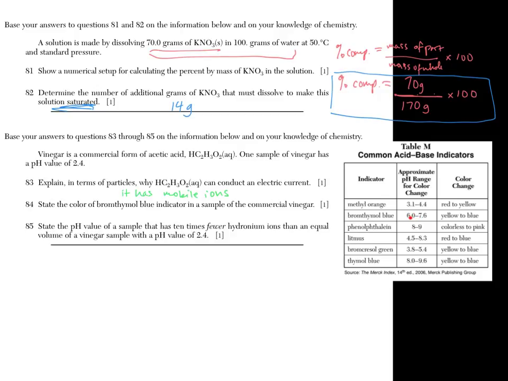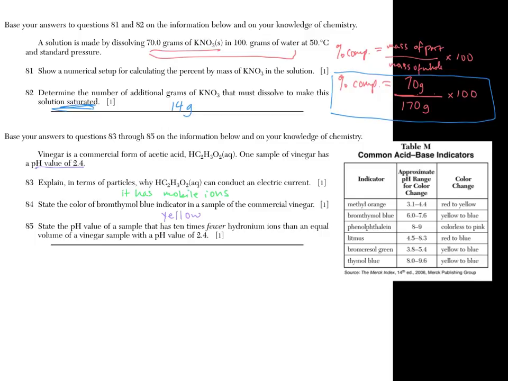If you're below 6.0, then you're definitely still yellow. If you're above 7.6, then you're definitely still blue. But somewhere in this middle range is a possible color change. And looking at our pH value, we have a pH value of 2.4, and it's definitely below 6.0, so it's definitely yellow.